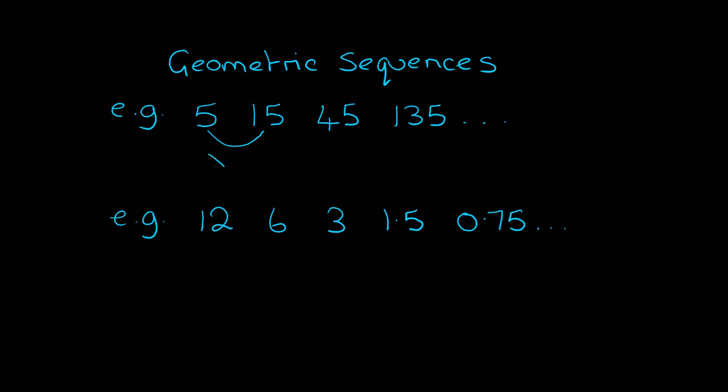Or the other way round if you prefer to see it like that. So 5 times 3 gives us 15. We then do 15 times 3, we get 45, and so on. So that's times by 3. If we look at the other example there, we can see that 12 goes to 6. That involves dividing by 2 or multiplying by a half.